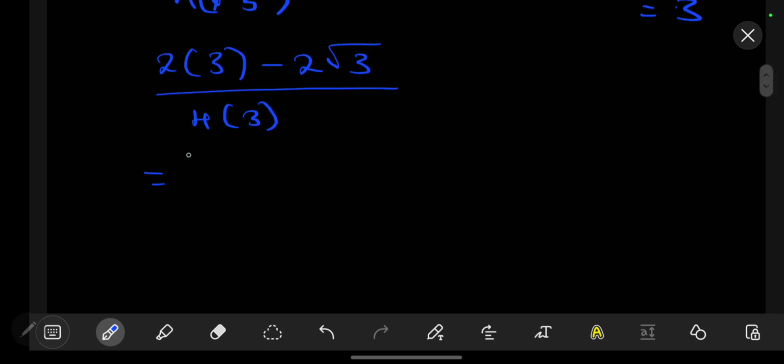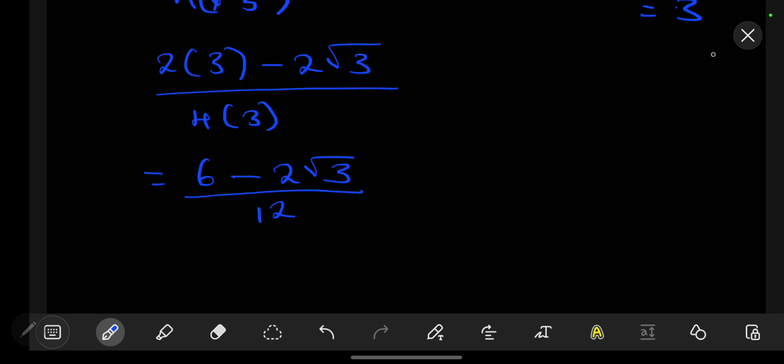So we are going to have 6 minus 2 square root of 3 over 12. As long as there is no radical at the bottom, it means we have expressed the number in terms of rationalizing the denominator.